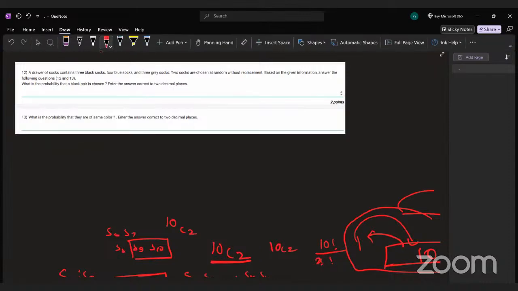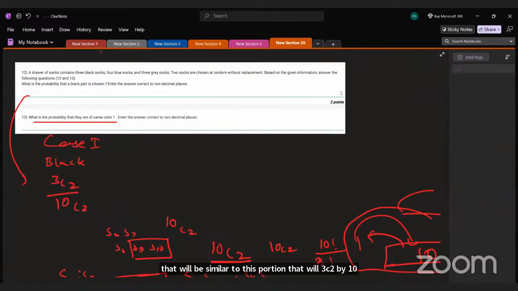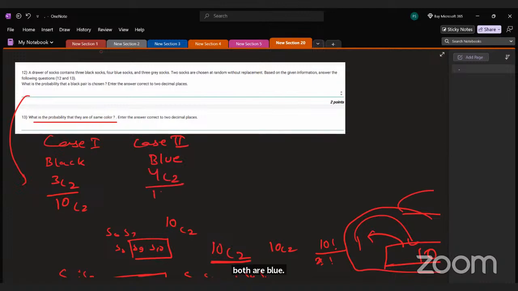For the last question, we got: what is the probability that the two socks we are choosing are of the same color? In this case, we will make cases. Case one, both we choose are black, which will be similar to this question, 3C2 by 10C2. Case two, both are blue, that will be 4C2 by 10C2.